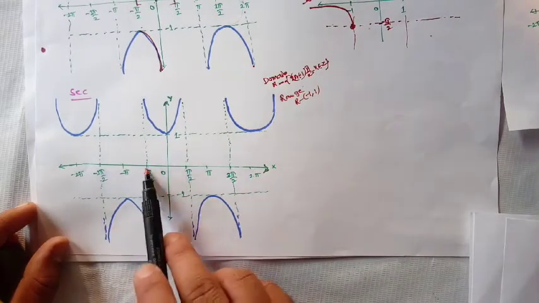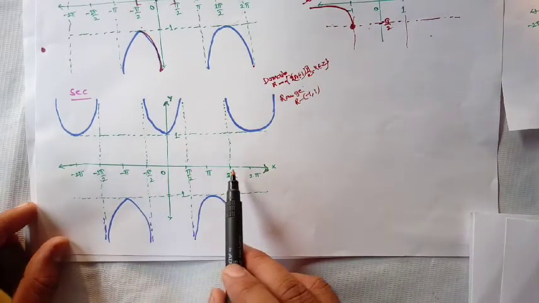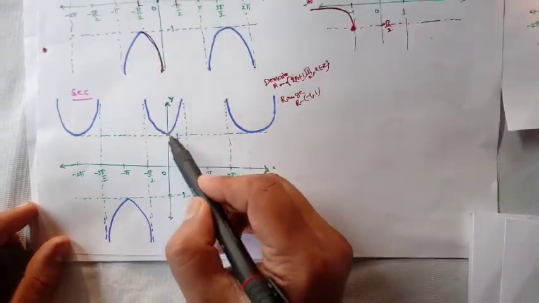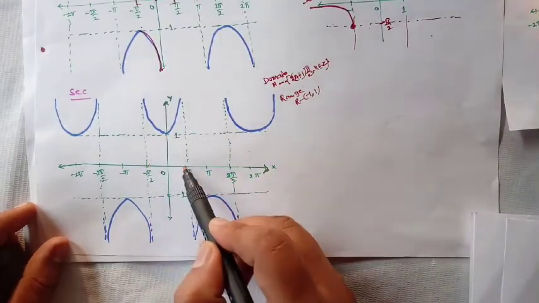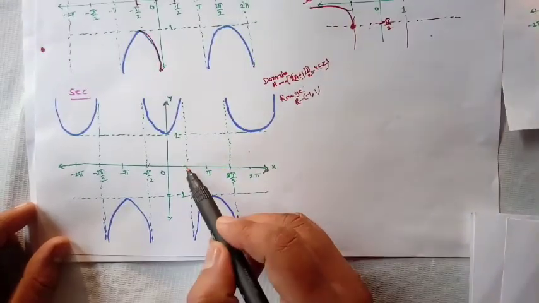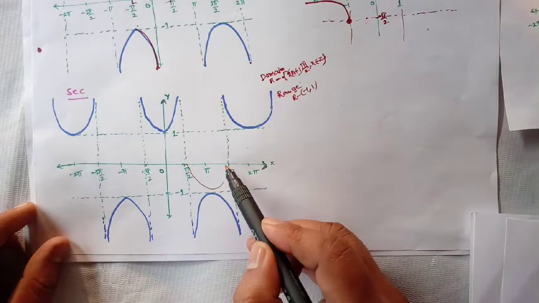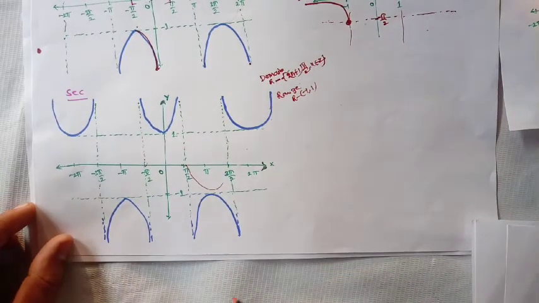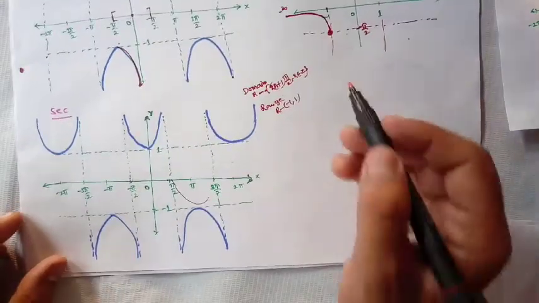Now minus pi by 2, pi by 2, 3 pi by 2 are not defined, and in the middle we'll see this is the graph of cos, and above it is the graph of the secant. Same way, now we'll see what is coming here.